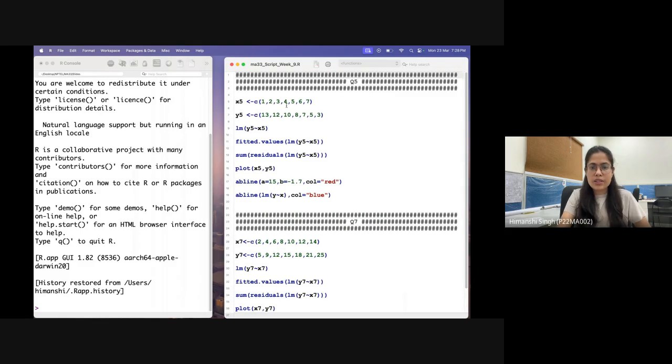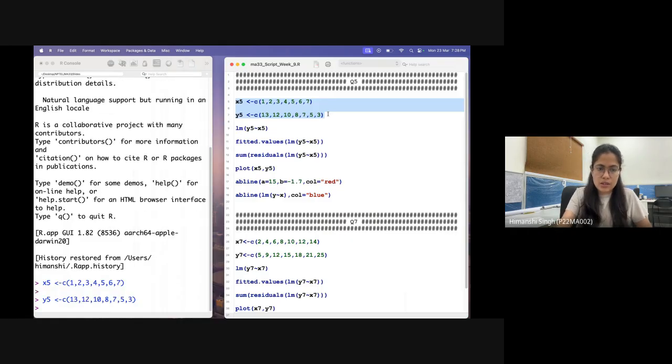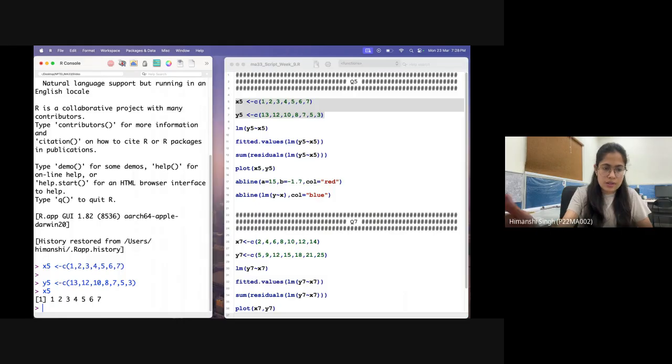Okay, so I have stored this data in x5 and y5 vectors. You can see it here: x5 is this and y5 is this.